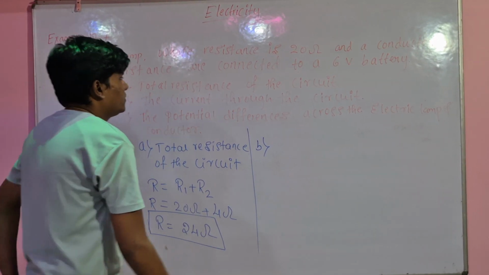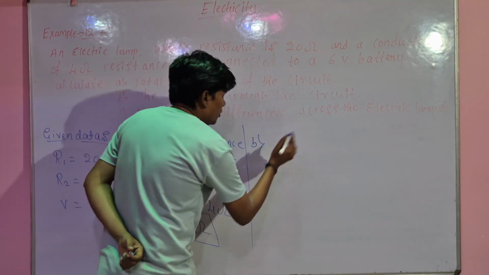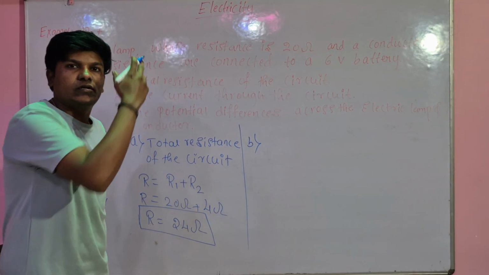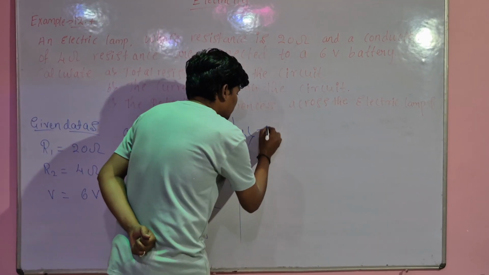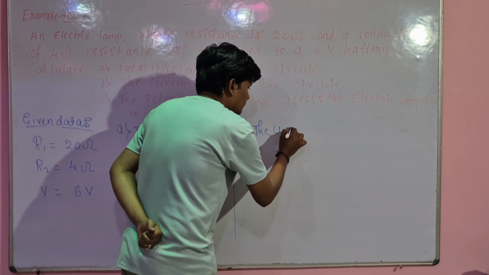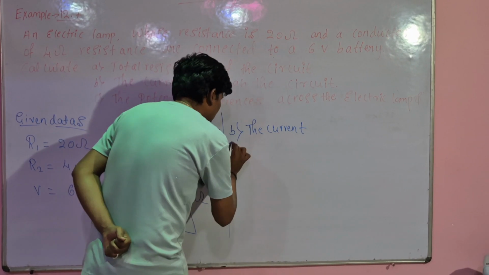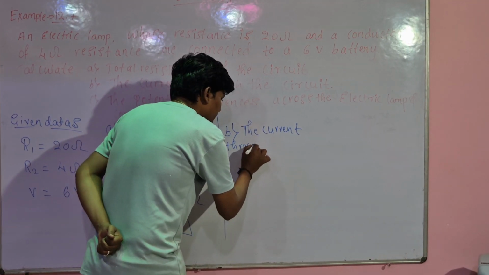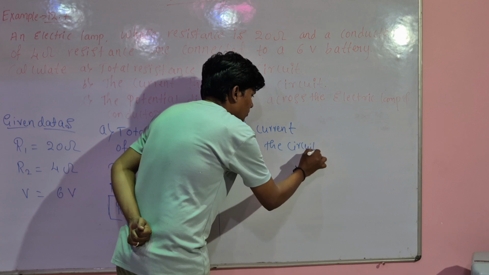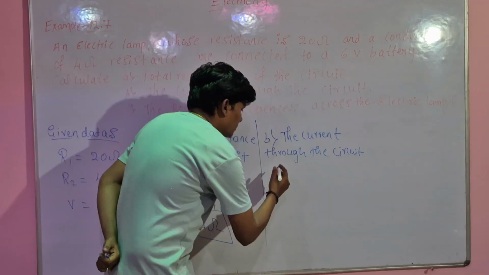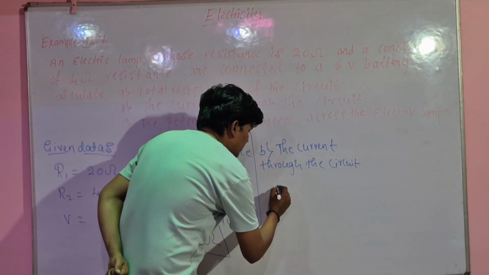We go to B, the current through the circuit. Now we can find out the current.